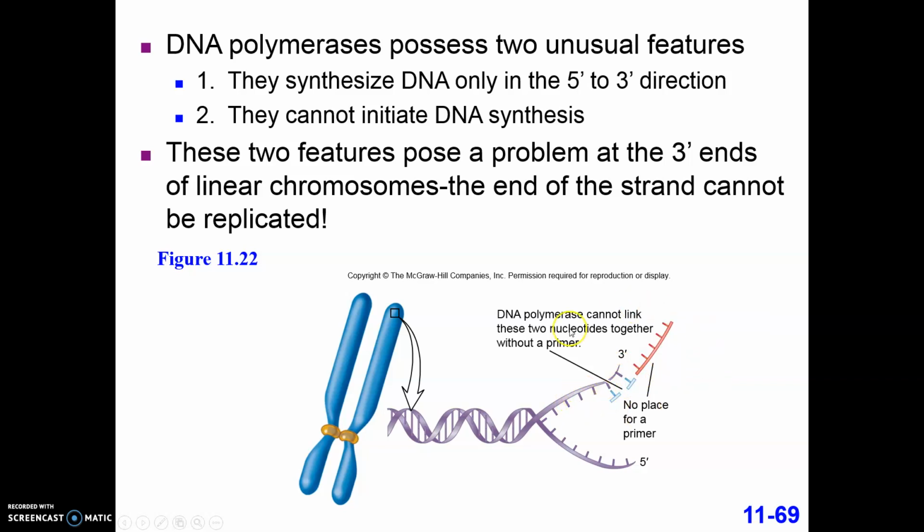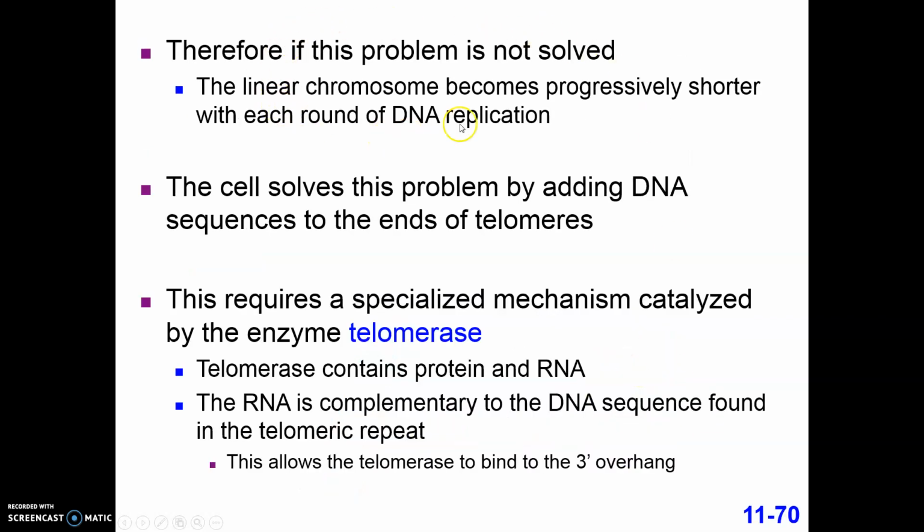So regardless, every single round of replication, the ends are going to get shorter and shorter and shorter because there is no template to put a primer on. So this is a problem because over time our chromosomes would become progressively shorter. And in fact, this still does happen.